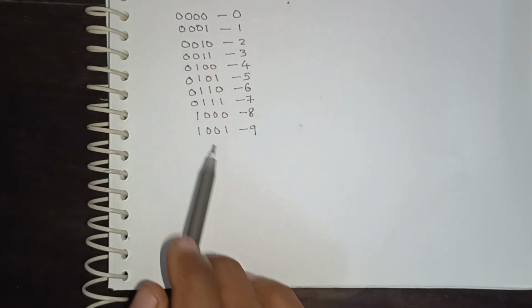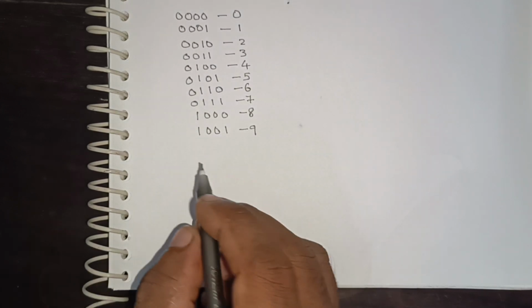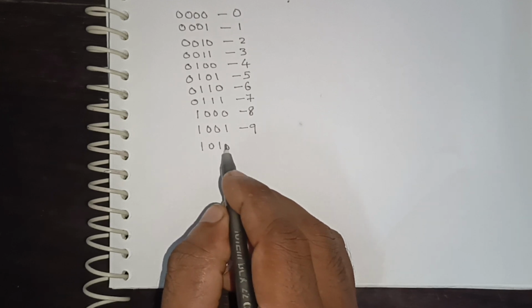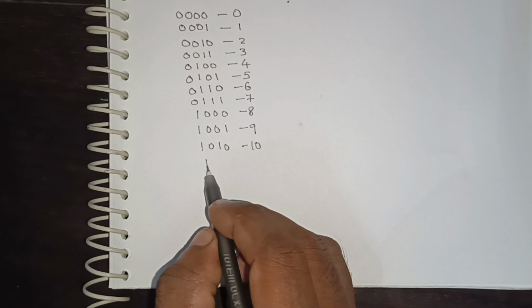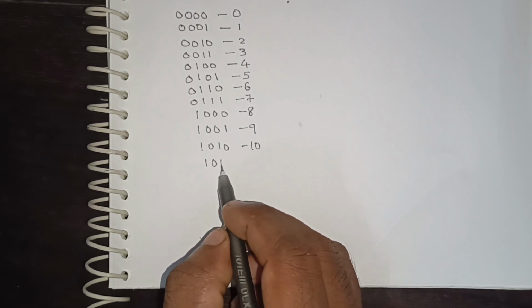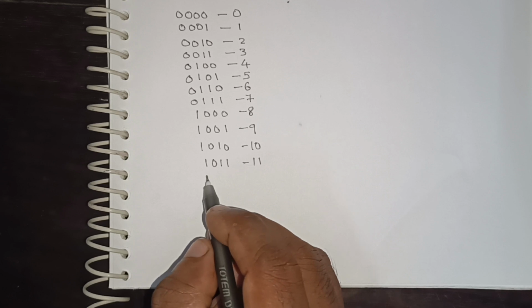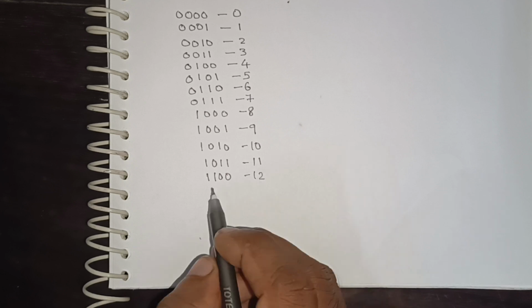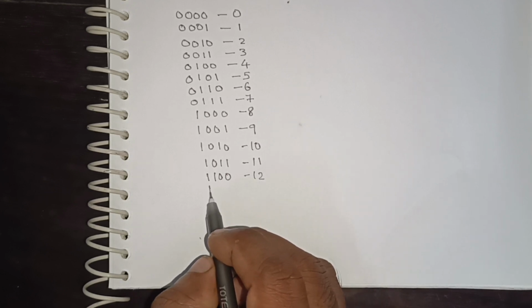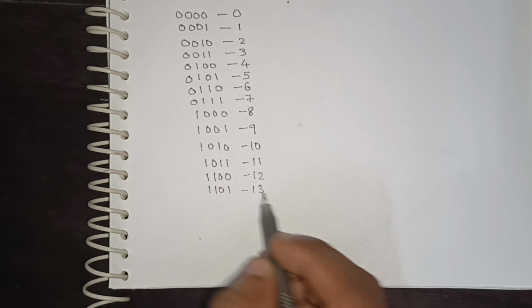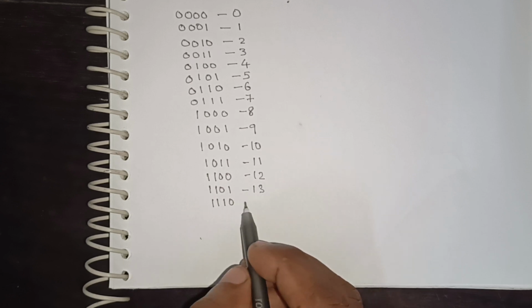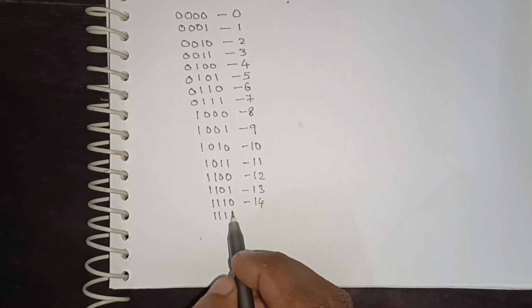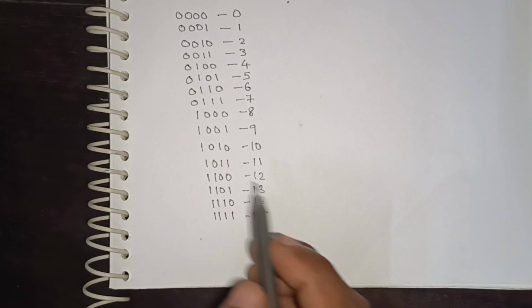Now actually in 4-bit representation we can write up to 15. So the rest of the numbers are unused in the BCD system.